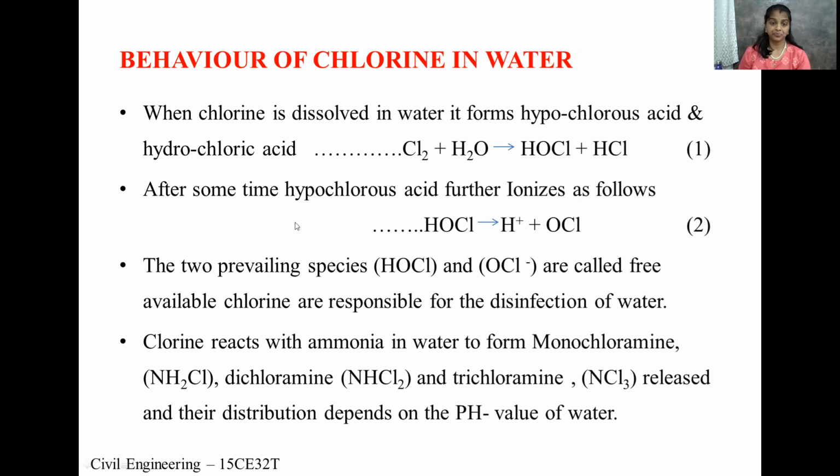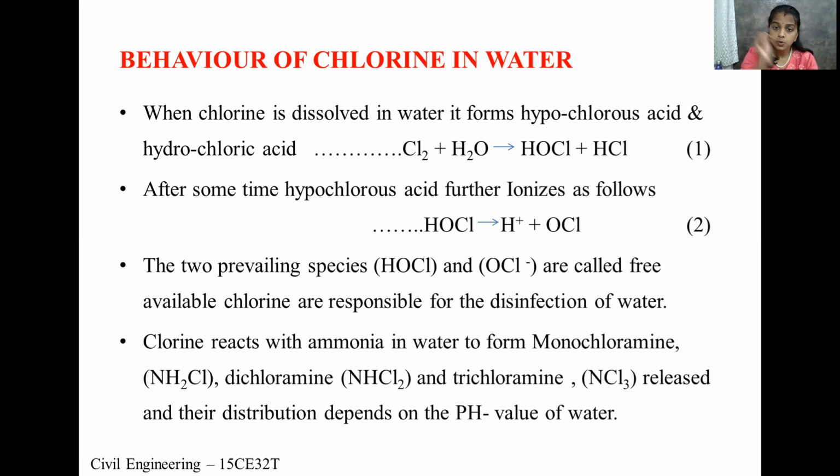After some time, in the same reaction, hypochlorous acid further ionizes as follows. Just taking one part, HOCl is considered. HOCl further ionizes into H plus and OCl minus. H is positive, OCl is negative.